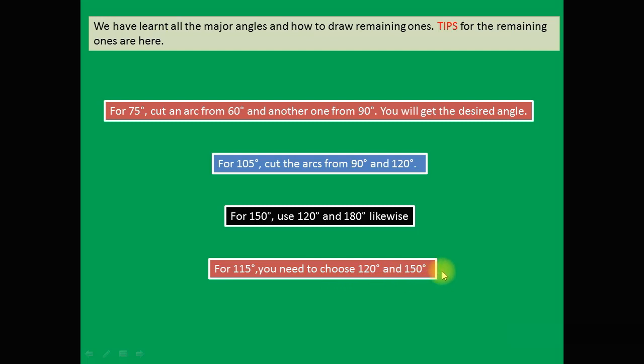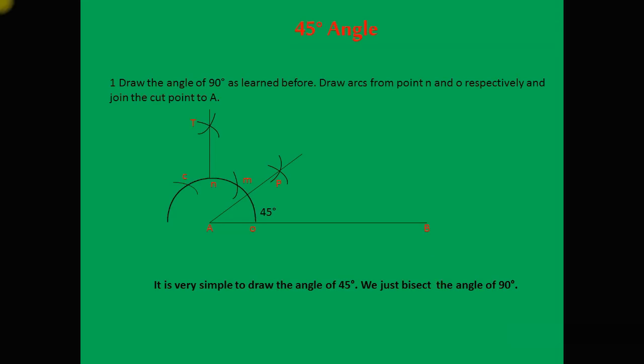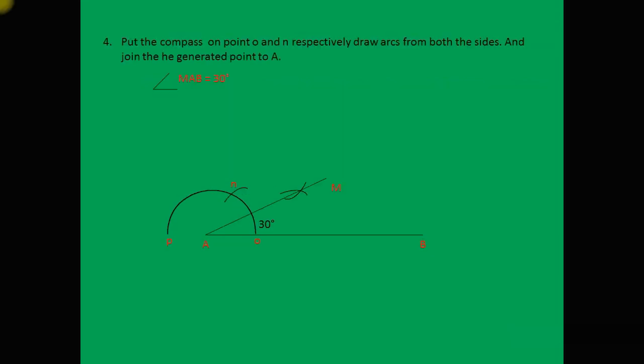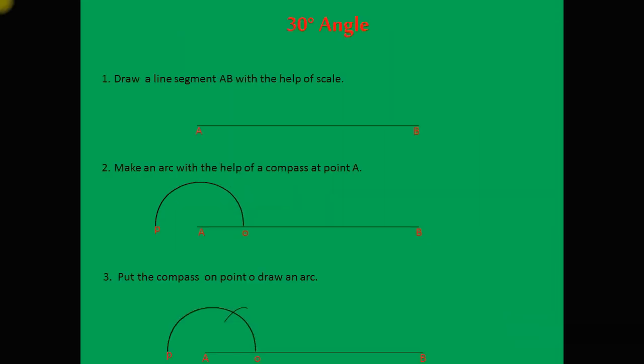So dear students, note some points. When you draw an angle, first of all open the compass about some radius and put the compass at this initial point.